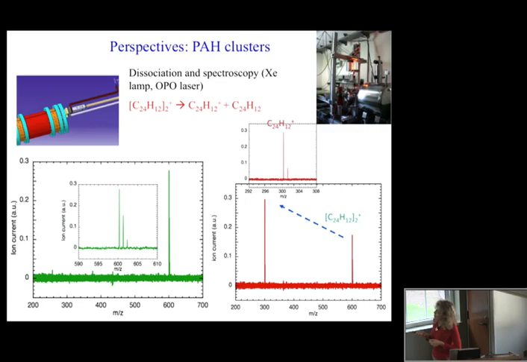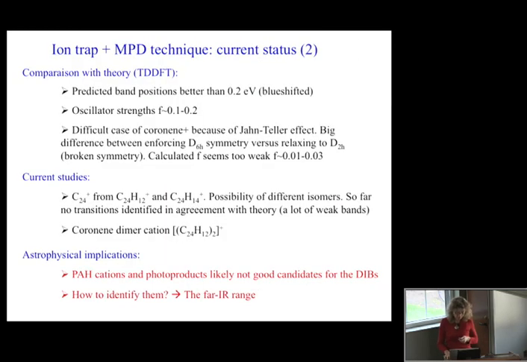We have a coronene cation trap here, and then a small oven, and we evaporate a vapor and make it react at low pressure. So we can build the dimer, the trimer, but not very big ones. You see here the dimer at mass 600, which evaporates with the lamp to produce back the monomer. And we are now trying to record the spectroscopy of this.